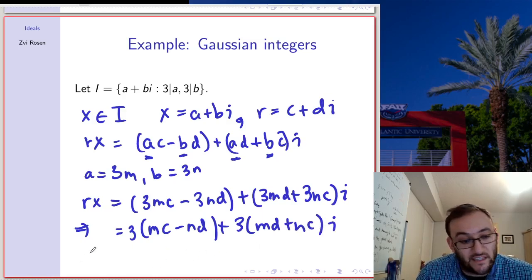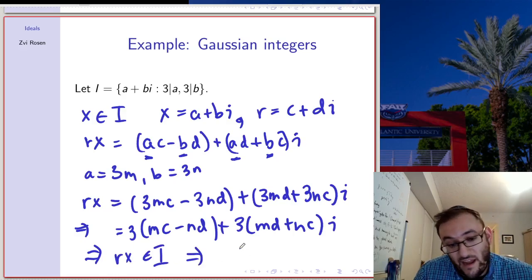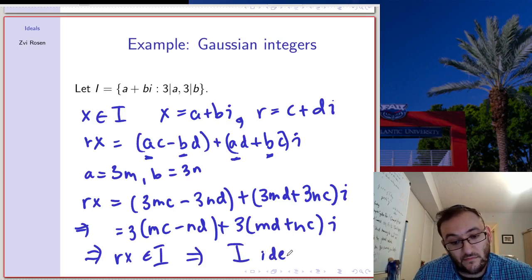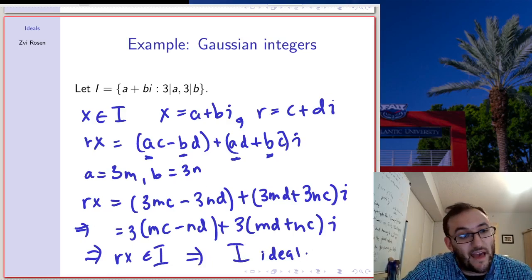These are obviously integers, so our rx is in our ideal. So we know that I is an ideal. How do we show that this is maximal?